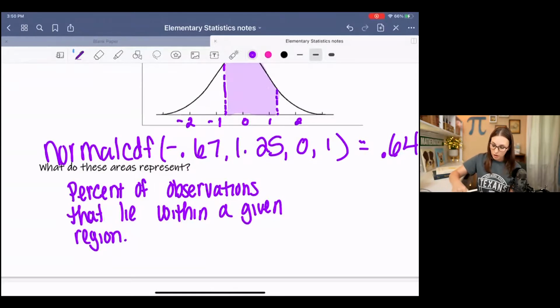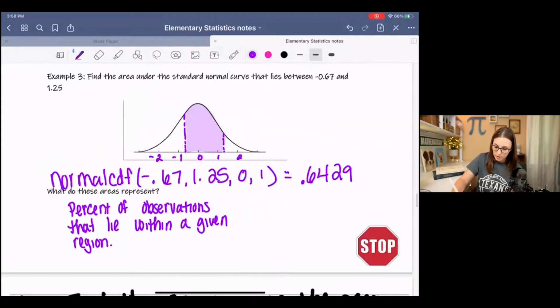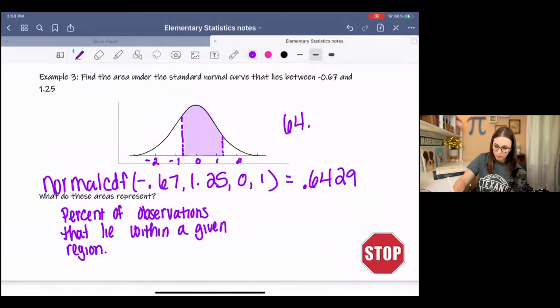So up here, we could say 64.29% of the observations lie between negative 0.67 and 1.25.